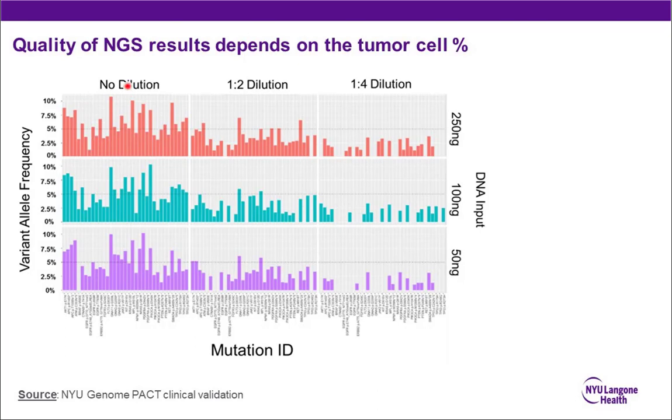You can see the detection at no dilution and then how the detection decreases as you're diluting your specimen. In addition, you can see that your ability to detect these mutations also decreases with decreasing DNA input. While decreasing DNA input may not have much impact when your sample is not diluted, the more you dilute, the higher the impact of decreasing DNA input.